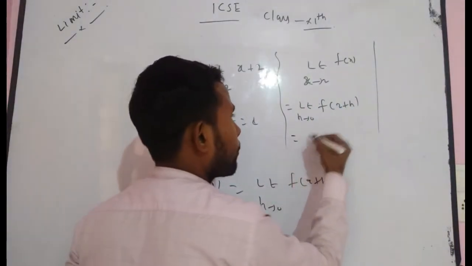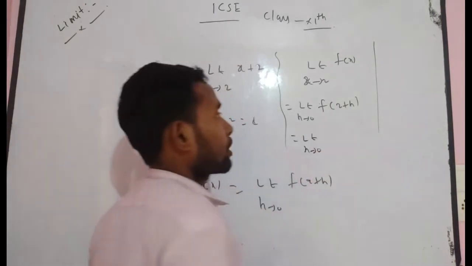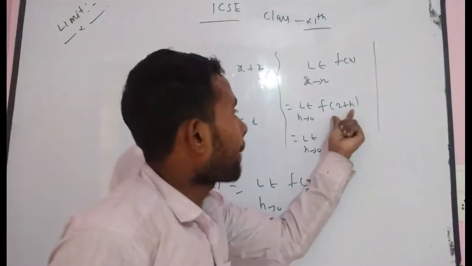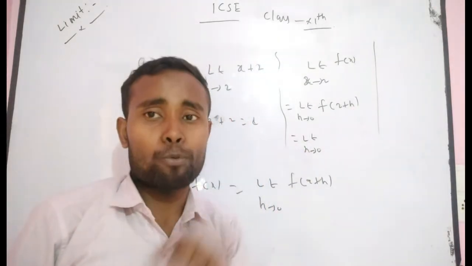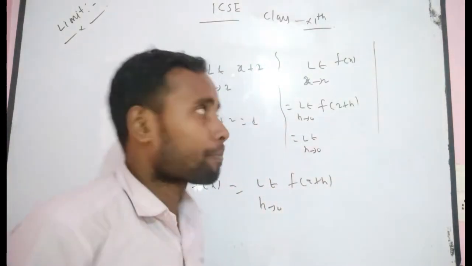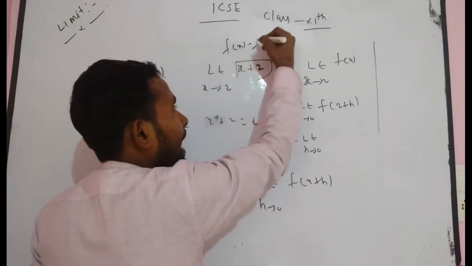Now f(2 plus h) means that you have to replace x in the given function by 2 plus h. Here the function is f(x) equal to x plus 2.